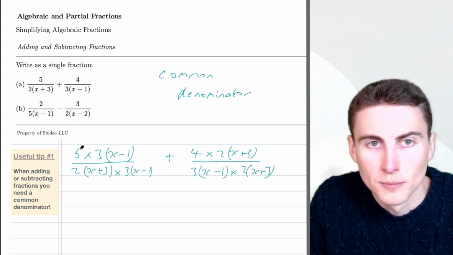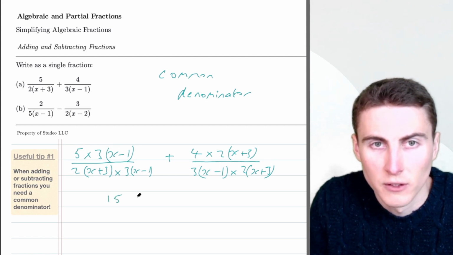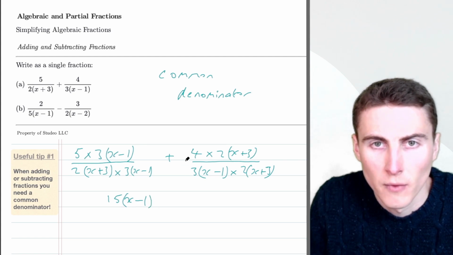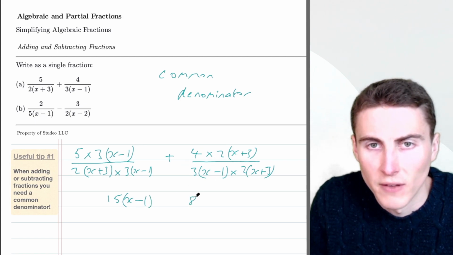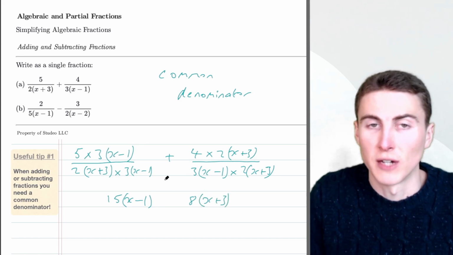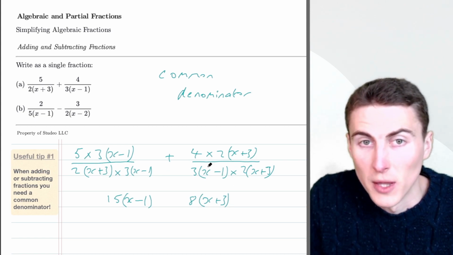So on the top, here I have 15 sets of x minus 1. And here I have 8 sets of x plus 3. And I could keep this as 2 separate fractions now and simplify this bit and this bit separately. But they're both the same thing.